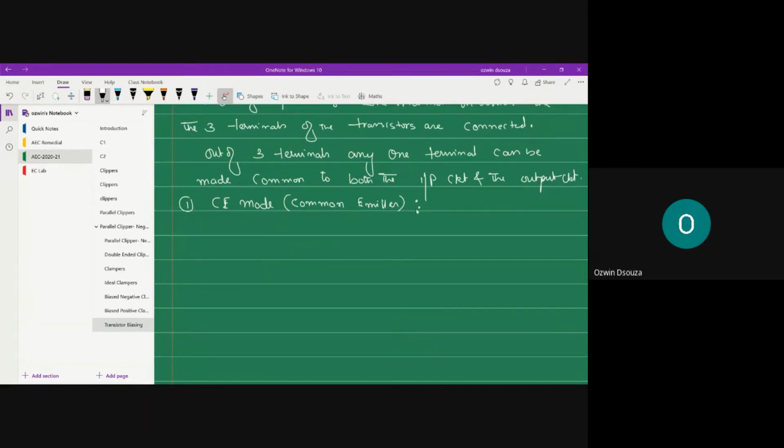So the circuit goes like this. In case of common emitter, emitter terminal is taken as the common terminal for input circuit as well as output circuit, the collector terminal is taken as the output terminal, and the base terminal is taken as the input terminal.